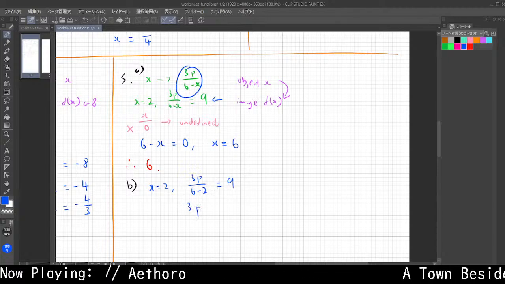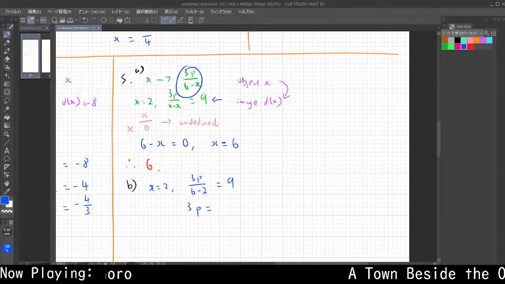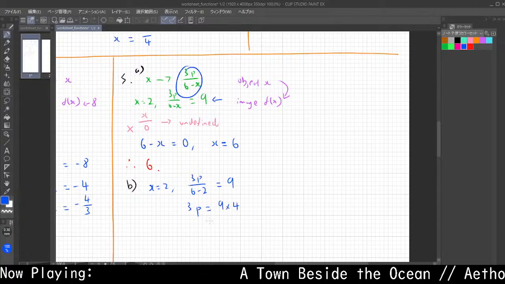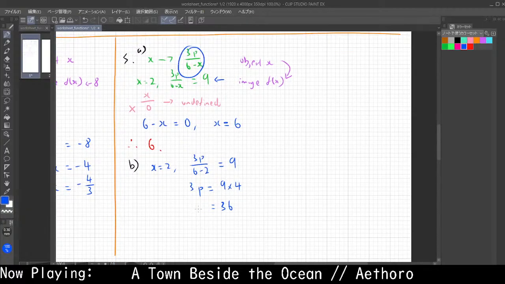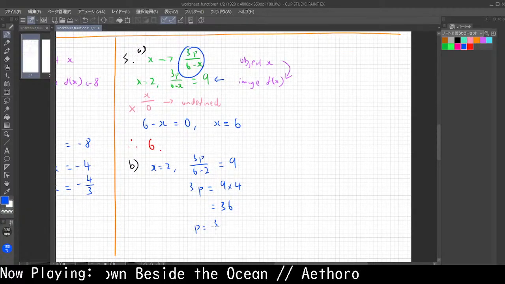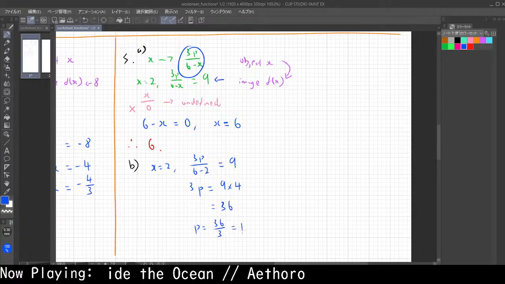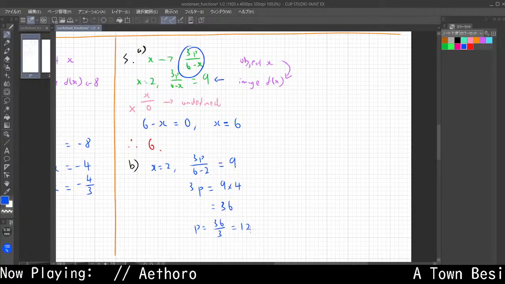Rearrange terms: 3p equals 9 times 6 minus 2, which is 4. 9 times 4 is equal to 36. 3 moves over to do division, p equals 36 divided by 3, which is equal to 12. Nothing else you can do, you found p, this is your answer.